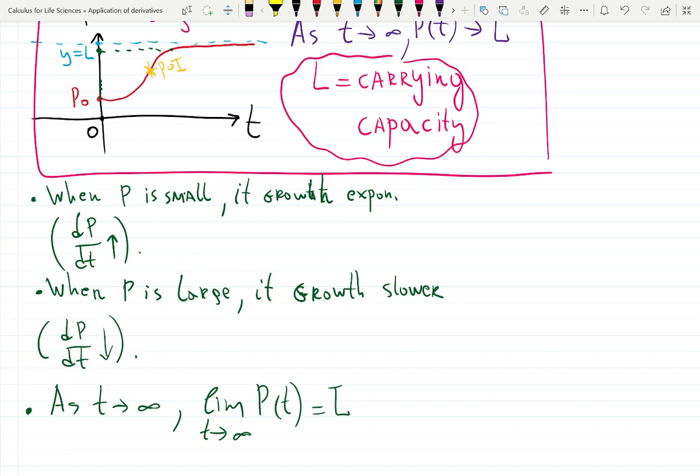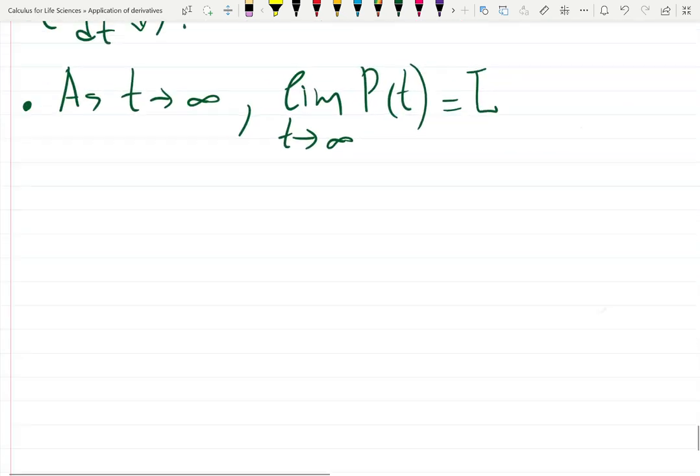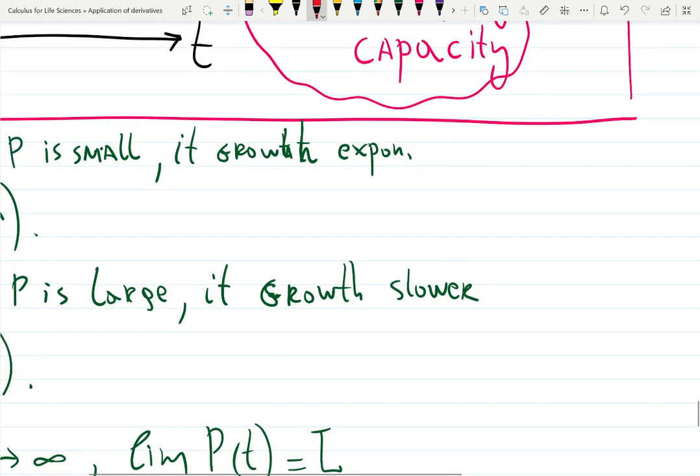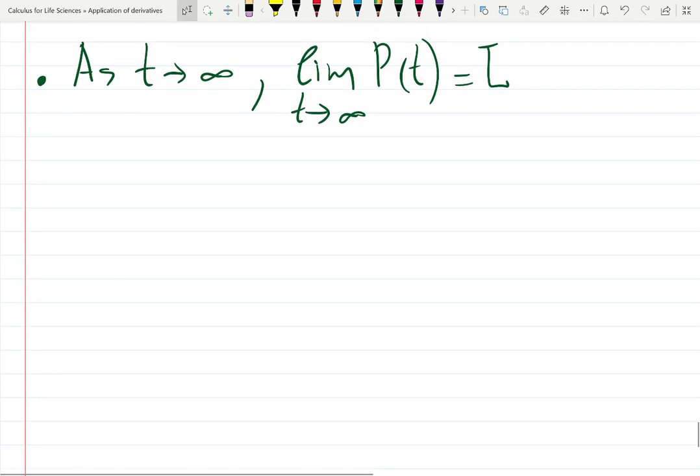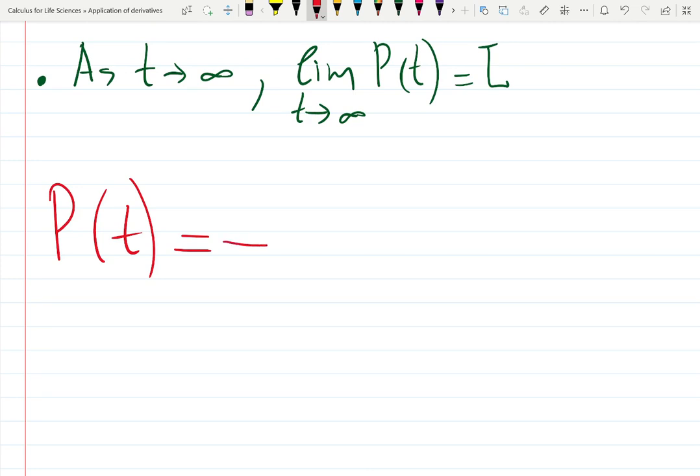So the logistic model has a different equation. And that equation is not as simple as before. Our job is to explain carefully what it is. Now, P of t will be P sub 0, the original value, multiplied by the carrying capacity L. Product usually in math means and.